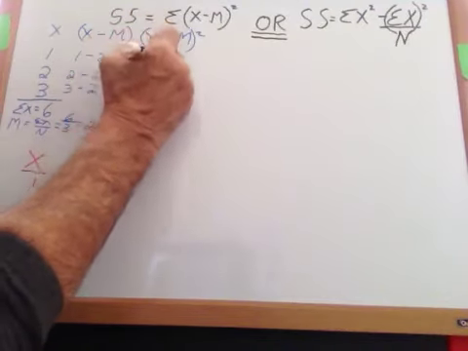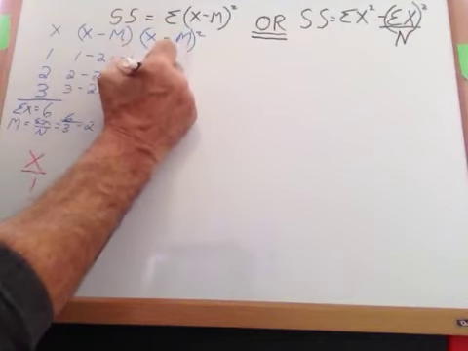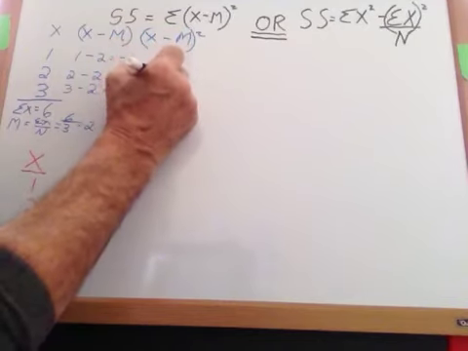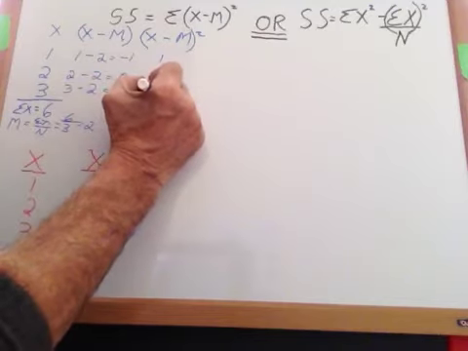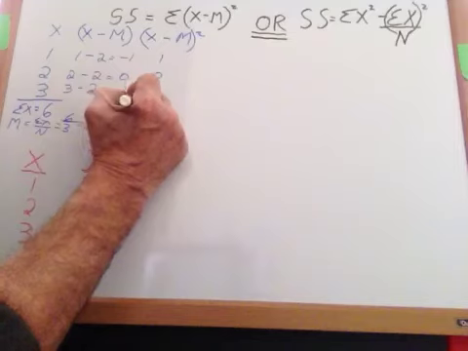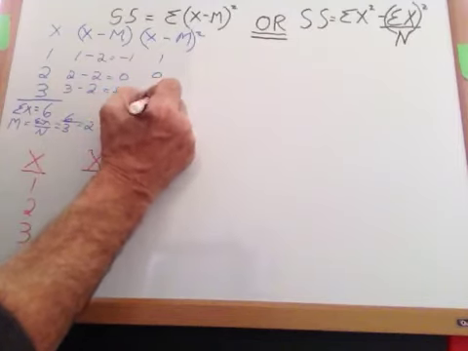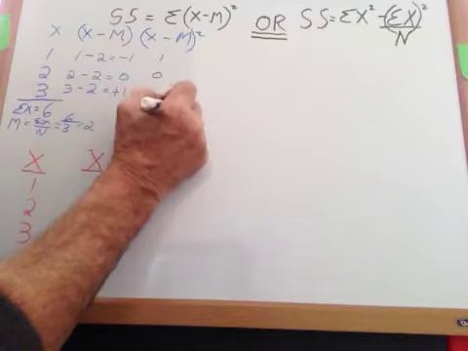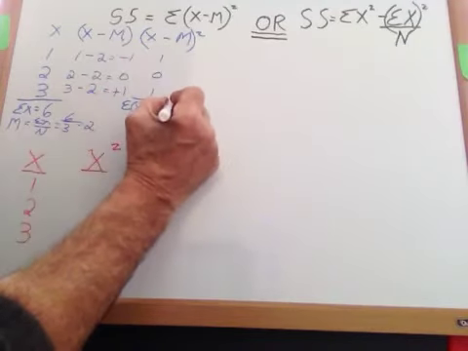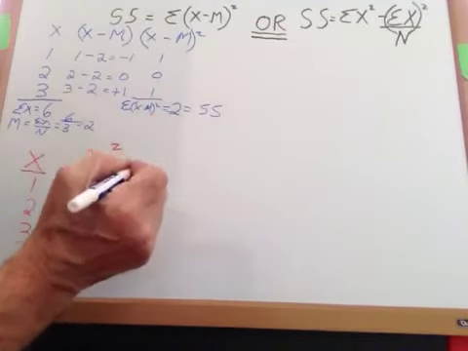Then we square those, and we get -1 times -1 is 1, 0 times 0 is 0, +1 times +1 is 1. If we sum those squared deviations, 1 plus 1 equals 2. We get the sum of squared deviations equals 2.